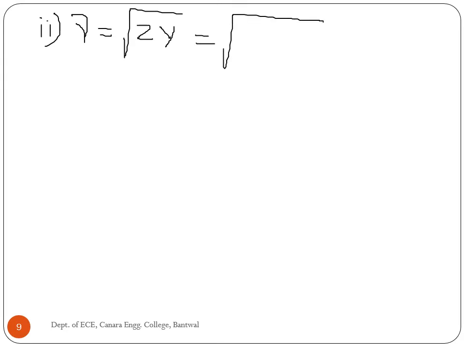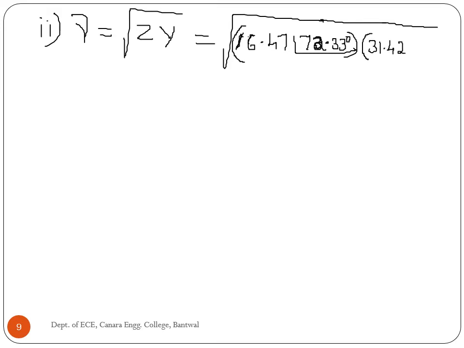Z is 16.47 angle 72.33 degree. Y is 31.42 angle 89.99 degree.